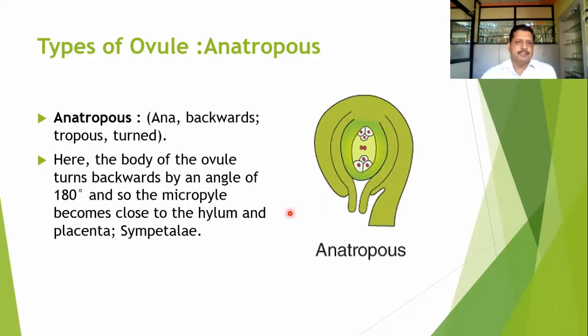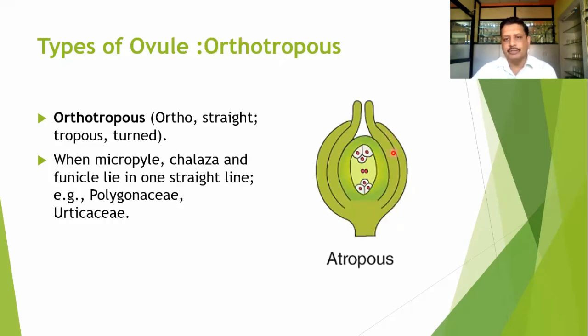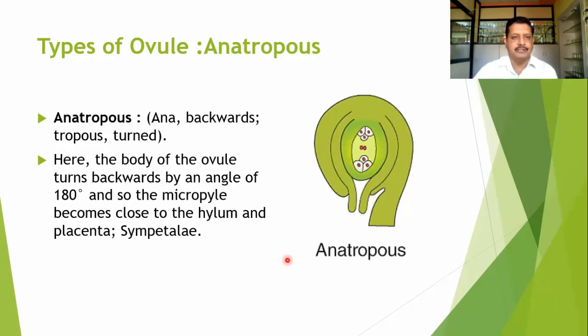The second type is the anatropous ovule. Ana means backward and tropous means turn. So here you can find it is completely turned as compared to the orthotropous ovule. A complete turn of this ovule has taken place, and thus it is called the anatropous ovule.